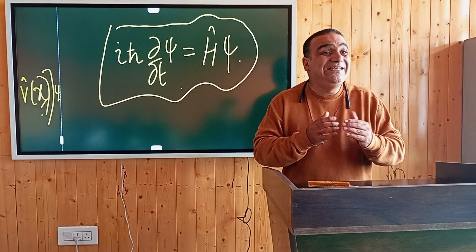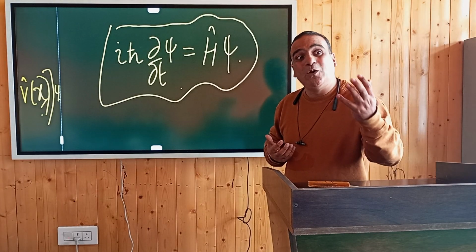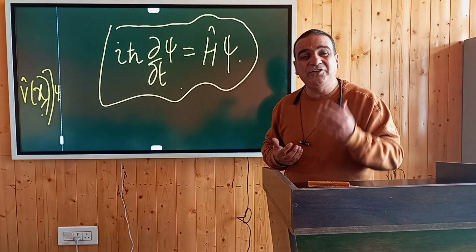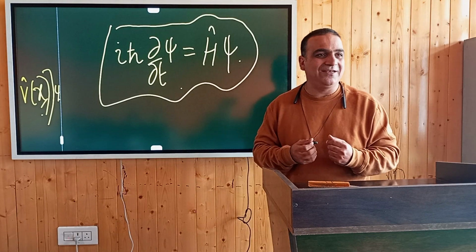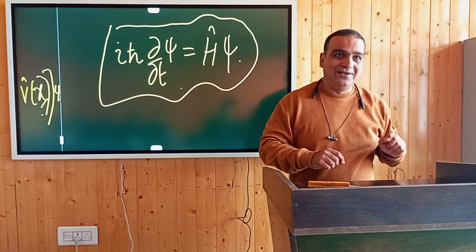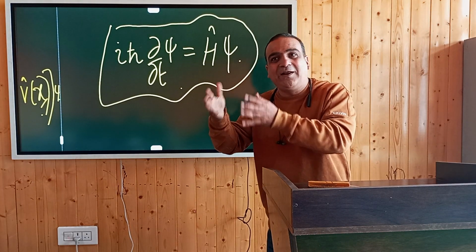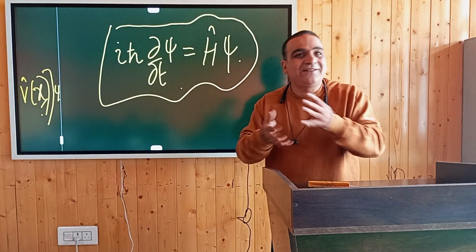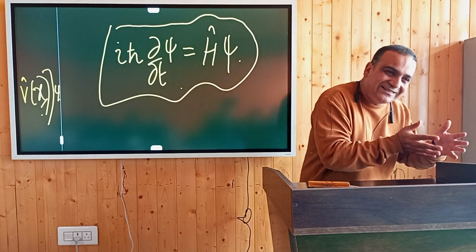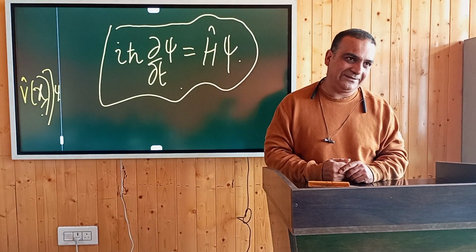For that, we take advantage of its dual Hilbert space. We take advantage of its complex conjugate. And then we calculate all of those probabilities. So where the wave is dancing much, the probability of the particle being there is maximum. Where the wave is dancing less, the probability of finding that particle is less.